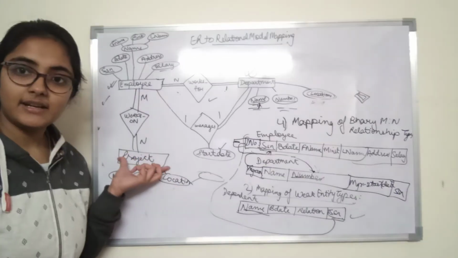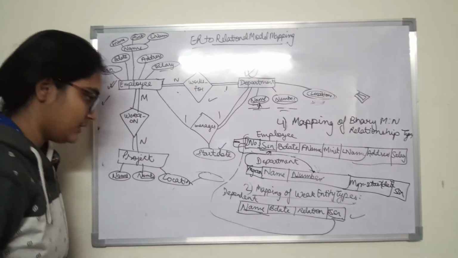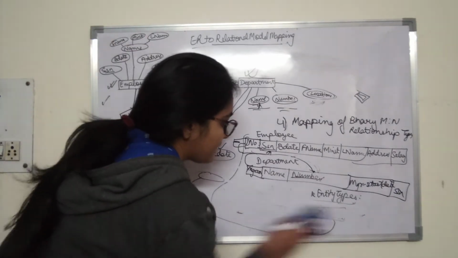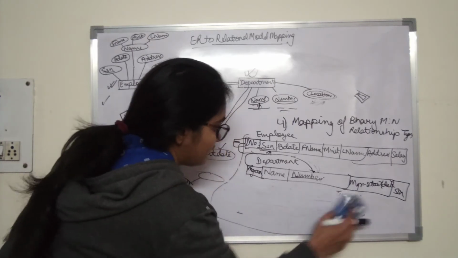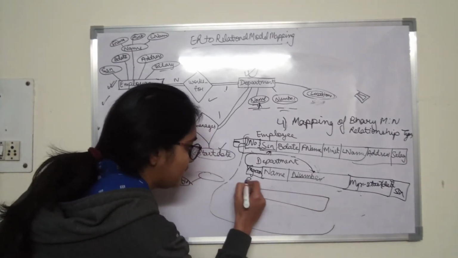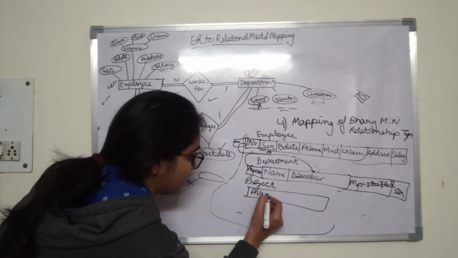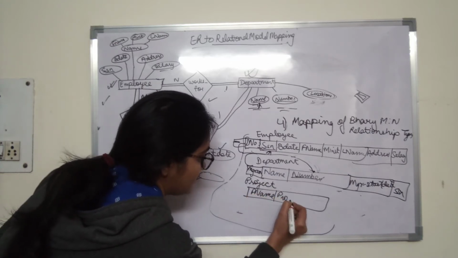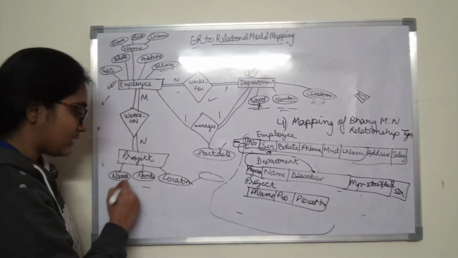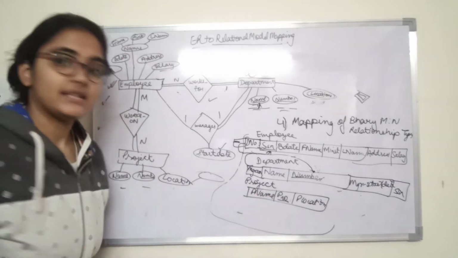Since this is a regular entity type, we would have mapped it there by creating a new relation, project, with p name, p number and p location. Since it has two key attributes, we can take any one and make it the primary key. Let us say we make project number the primary key.